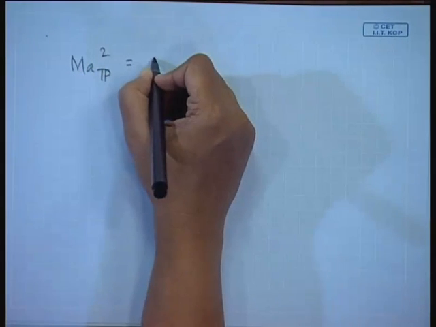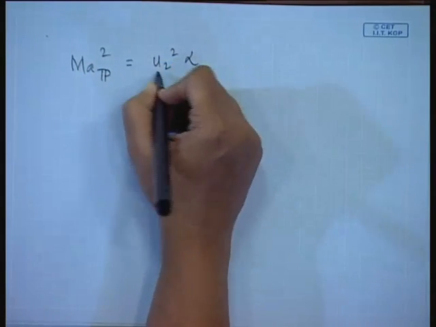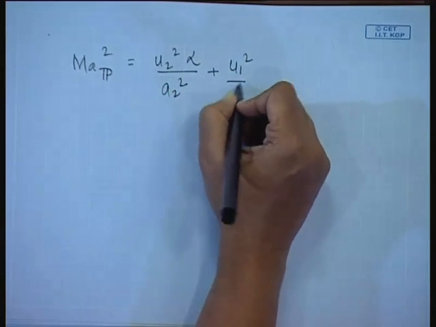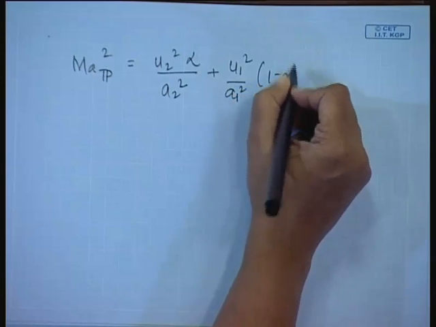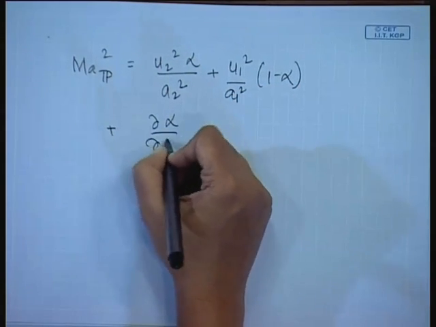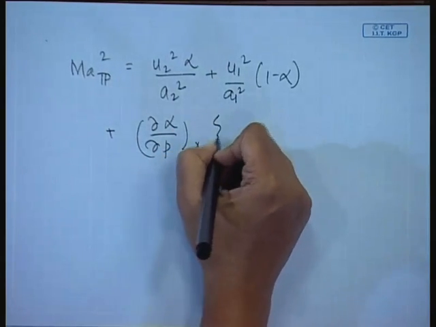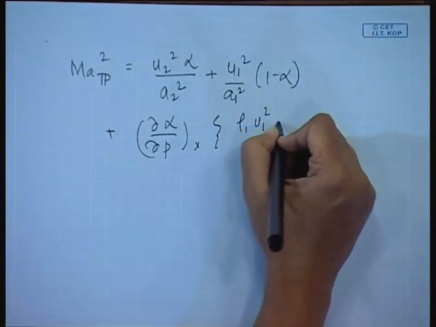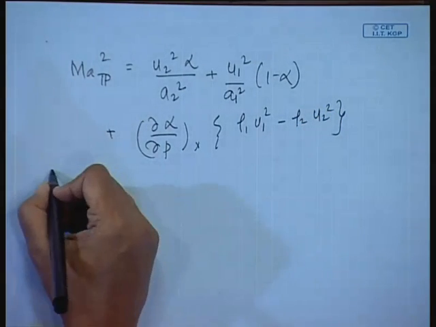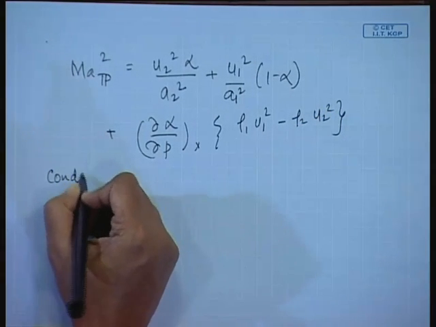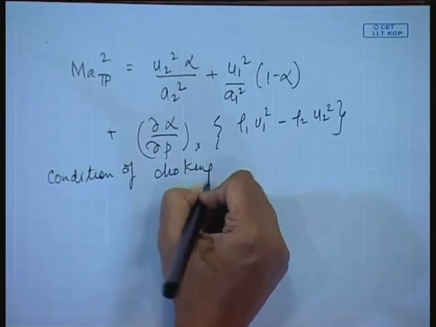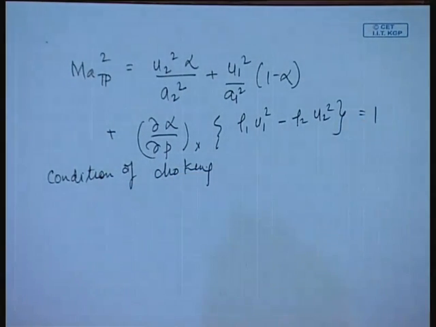This is equal to U2 square alpha by A2 square plus U1 square 1 minus alpha by A1 square plus del alpha del p at constant x, rho 1 U1 square minus rho 2 U2 square. And what is the condition of choking? For the condition of choking, this has to be equal to 1.